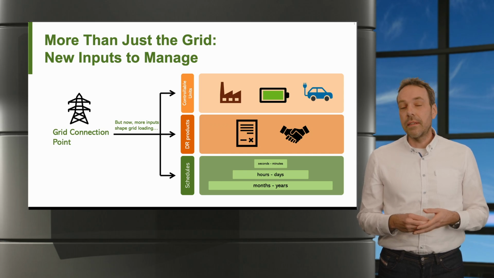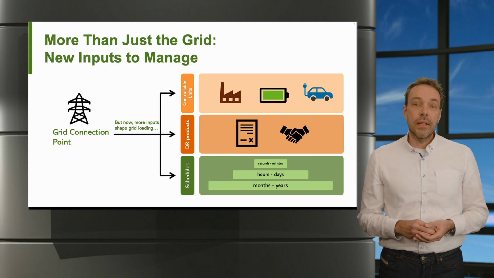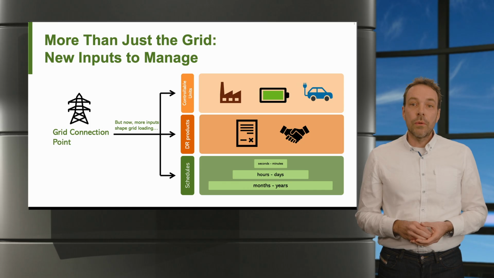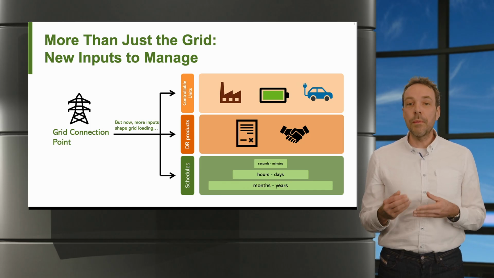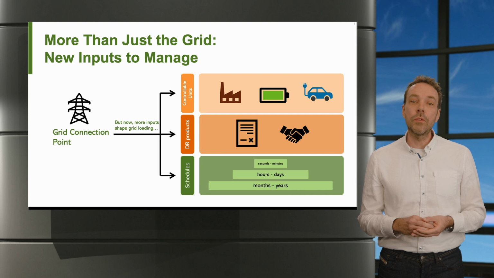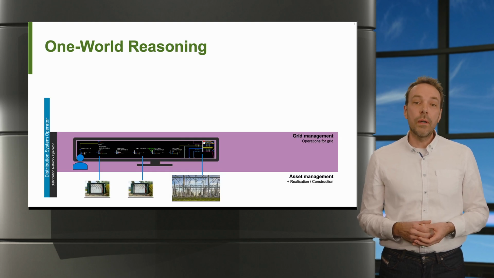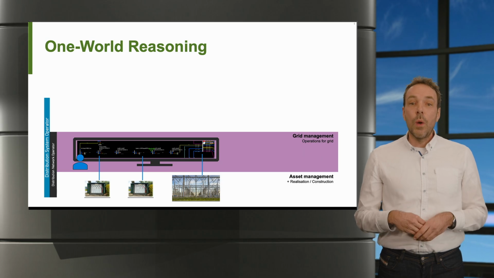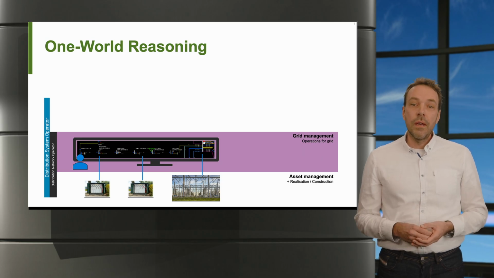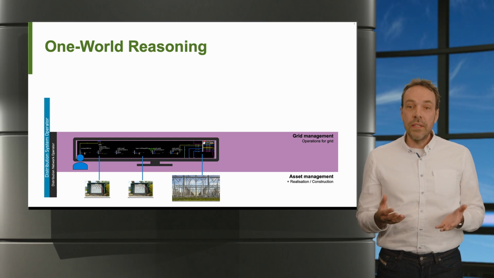Some flexibility is day ahead, some intraday, some seconds ahead, and some is reactive. So, the operational world is no longer reactive only. We now have multiple time horizons coming into operations. So we saw the well-known operating models, we saw the new inputs, but we cannot operate this with one world reasoning.